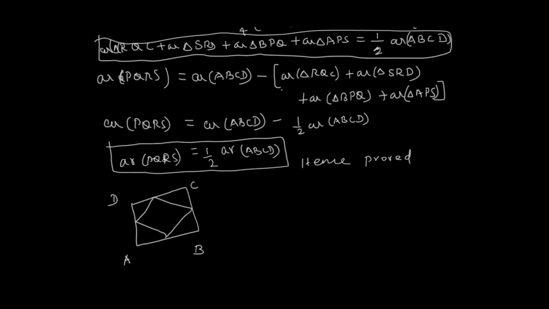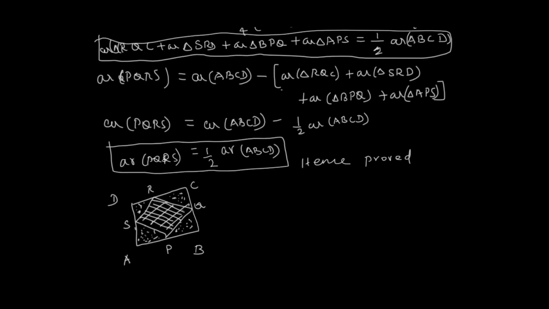When we are joining the midpoints P, Q, R, S, we are having the small triangles. So we are summing up all these small triangles and subtracting that from the whole quadrilateral, we will be getting the remaining area. The full quadrilateral minus the areas of all 4 small triangles gives the required parallelogram's area. This is the concept of this sum.